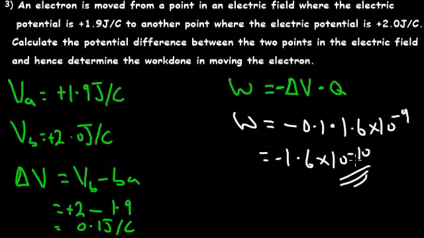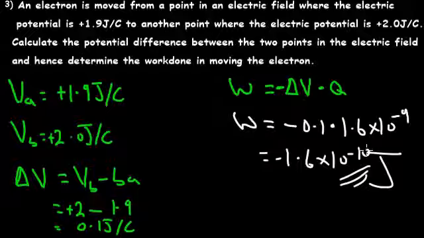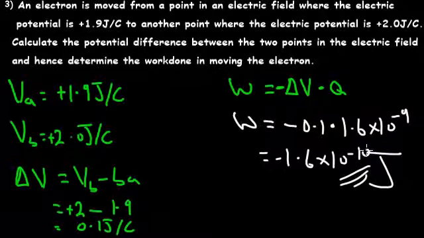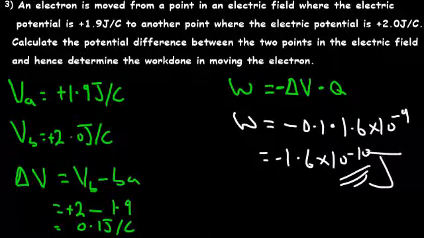And that is the electric work done in joules in moving the charge from point A to point B. That's the solution to this example number 3. By now you should have been getting used to how to approach problems involving either electric potential or electric potential difference. On to example number 4.